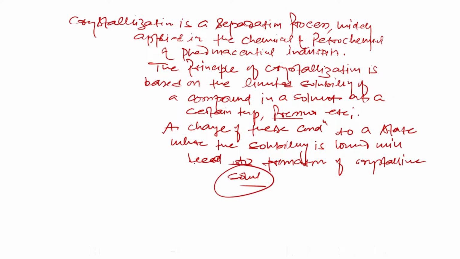Clear? This is called crystallization. For the formation of salts and sugar, this has been used since a long time ago. Here, the separation of solute from the liquid solution into a solid is called crystallization.